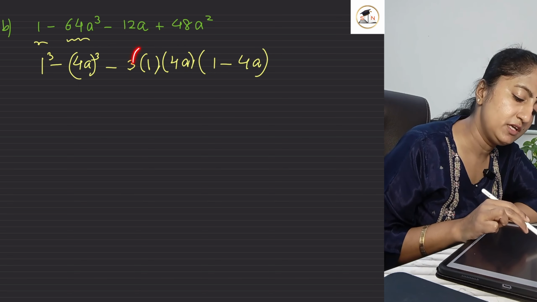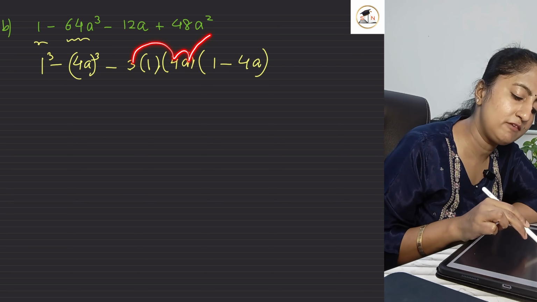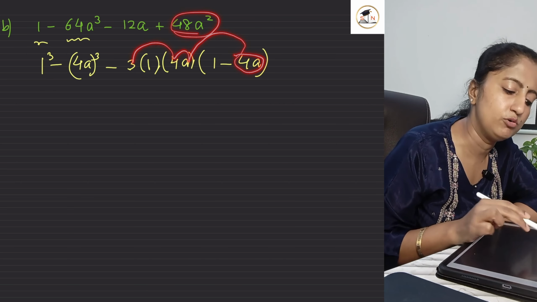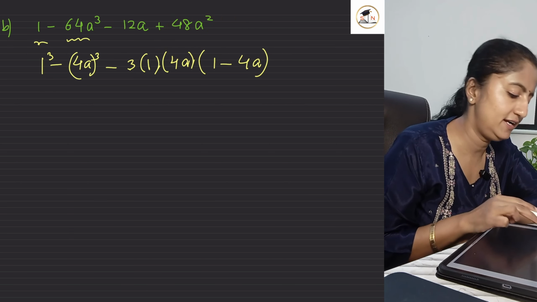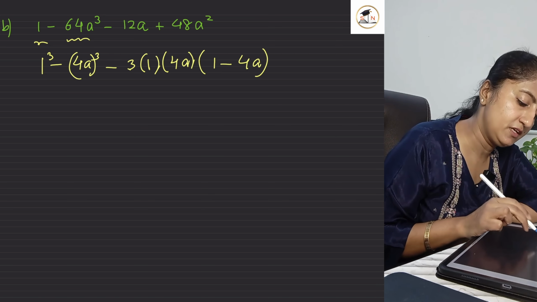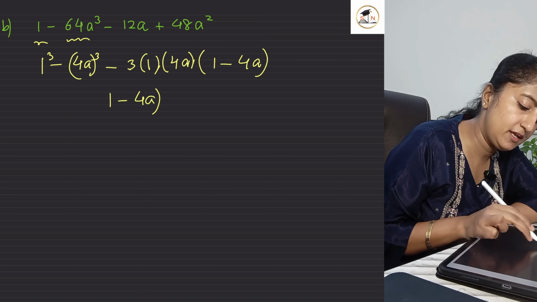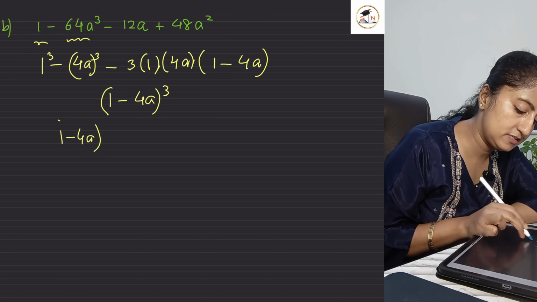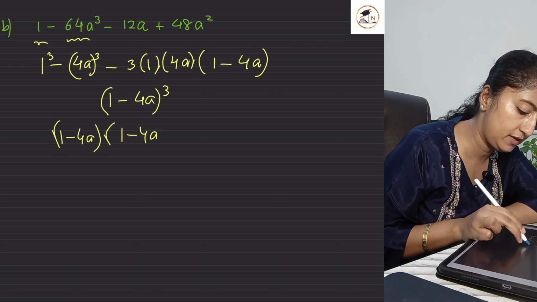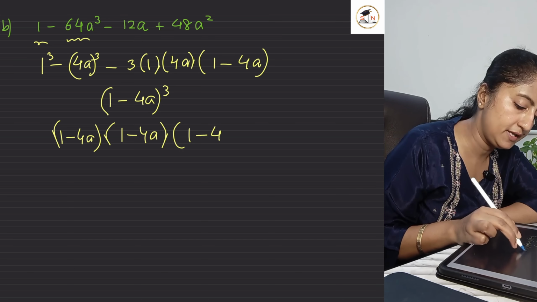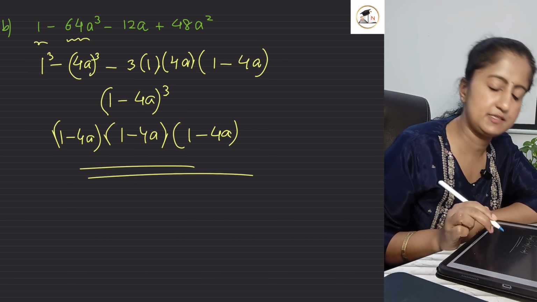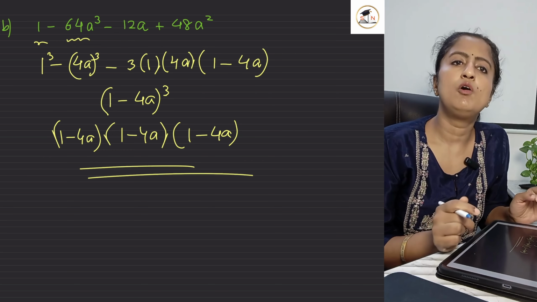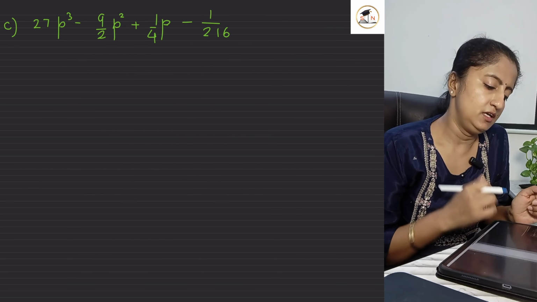Second verification: 3 into 4, 12, 12a, 12a into 4 is 48a square. Bingo. We are correct, right? So what do we get? We get 1 minus 4a whole cube. And the final factors: 1 minus 4a times 1 minus 4a times 1 minus 4a. Easy peasy. We hardly took a minute to do the whole factorization, right?